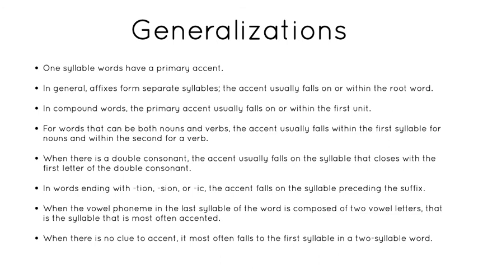When the vowel phoneme in the last syllable of the word is composed of two vowel letters, which normally make a long vowel digraph, that is the syllable that is most often accented, because it's a long vowel sound. And then when there is no clue to the accent, it often falls to the first syllable in a two-syllable word. In this video, we talked about accent generalizations. In the next video, we're going to talk about some of the generalizations that come into play when we divide words into these syllables.